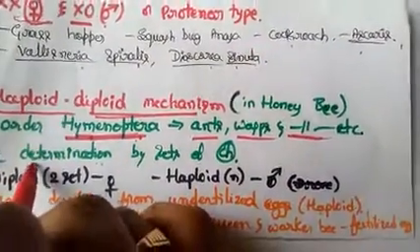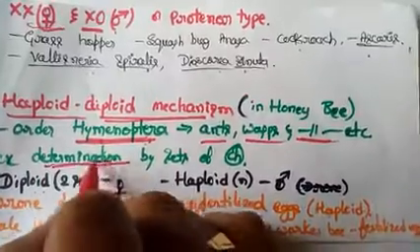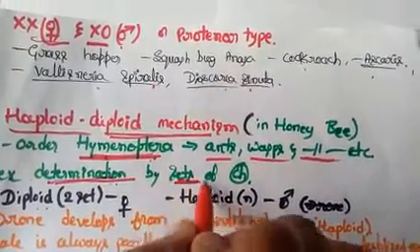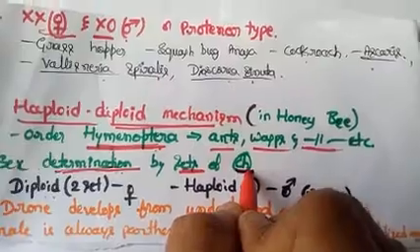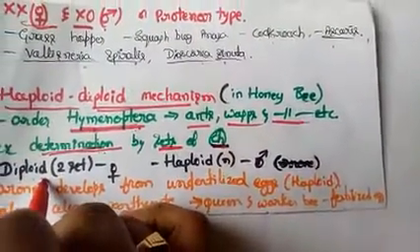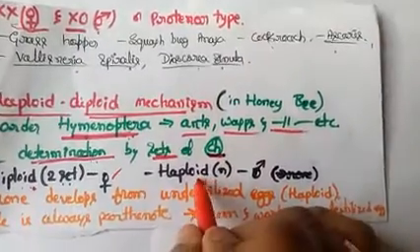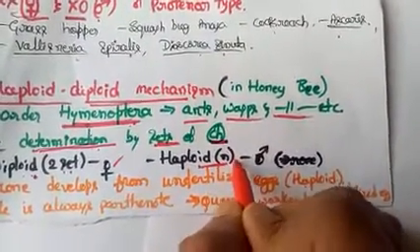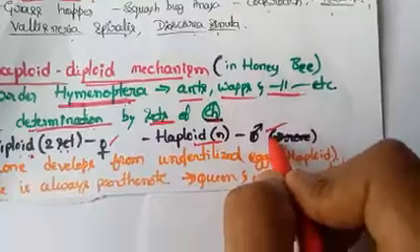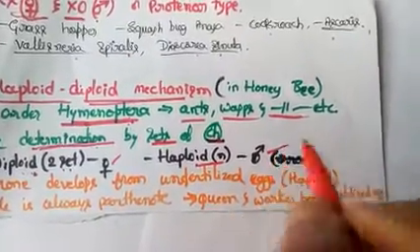Here the sex determination of these insects is done through the set of chromosomes they contain. If they contain the diploid set, two sets of chromosomes, then it will be female. If they contain the haploid number, one set of chromosomes, then they are called male.